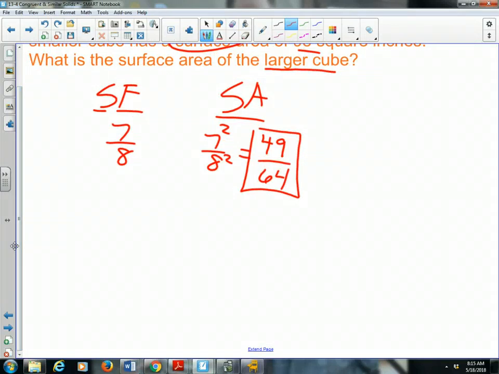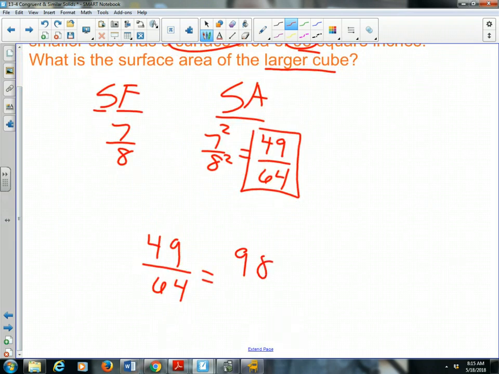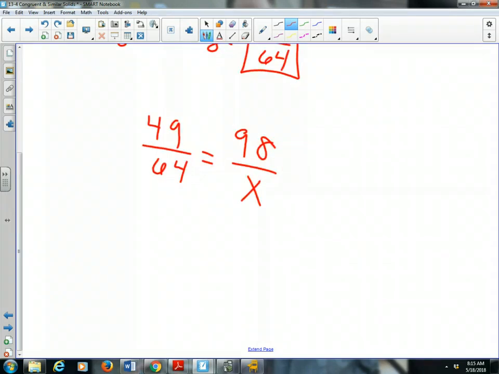So if the ratio is 49 over 64, and we know the surface area of the smaller one is 98, that would equal 98 over what is the surface area of the larger cube? That's our variable x. Now we can solve this proportion.